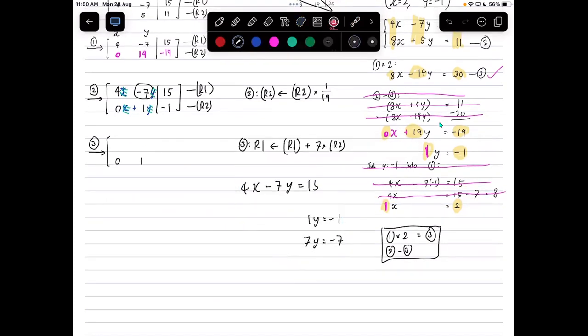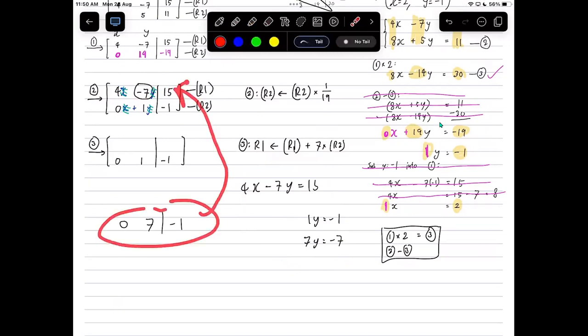So what we end up obtaining is 0 here, 1 here, negative 1 here. But after you multiply by 7, you get essentially 0, 7, negative 7, and you add on to the row 1. Okay, where's my highlighter? Right, you take this, and then you add on to your row 1.